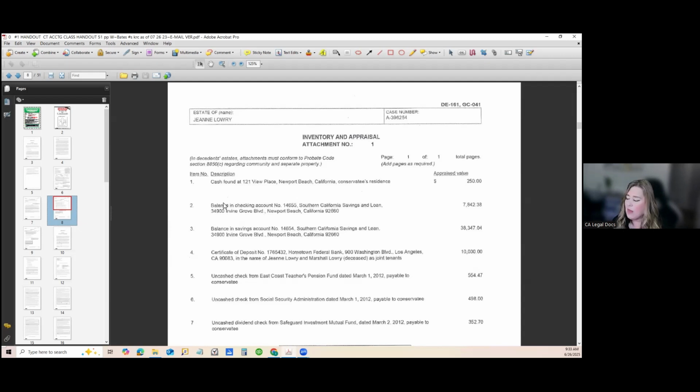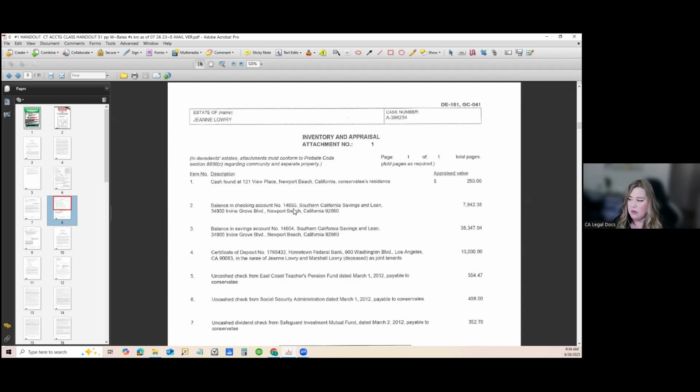The next will be balance in the checking account. Be very careful. You do not ever list the full account number, especially because it's a valid working account number, as opposed to a probate, which would typically be a closed account. So make sure I only list the last 4 digits.